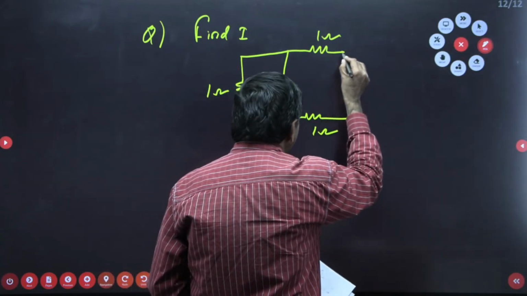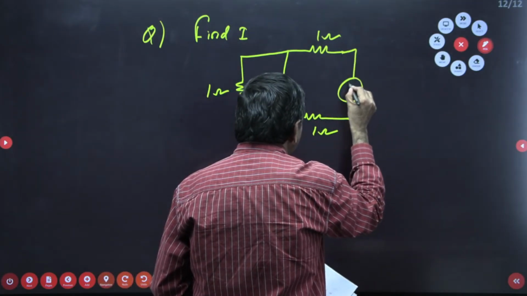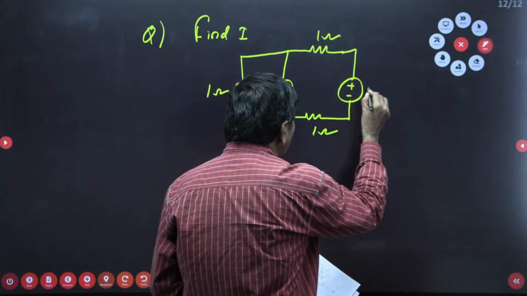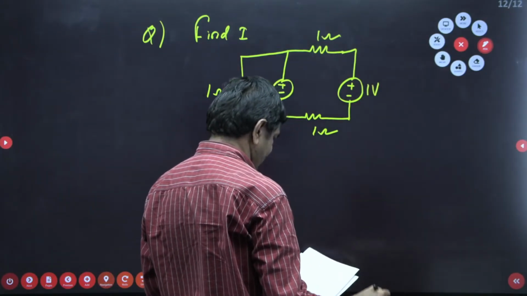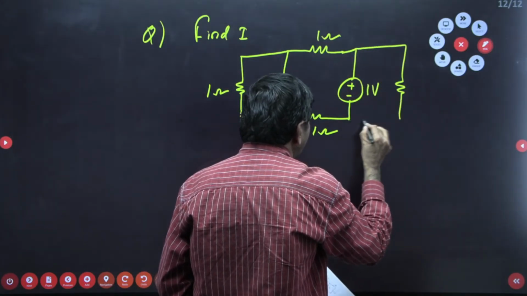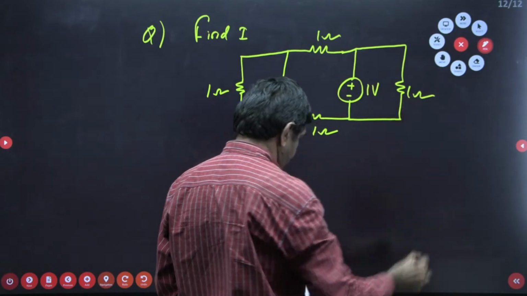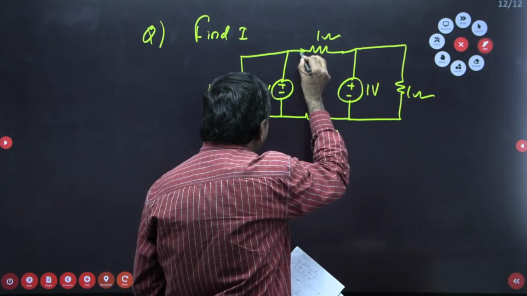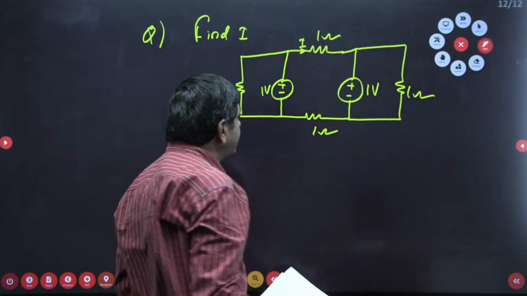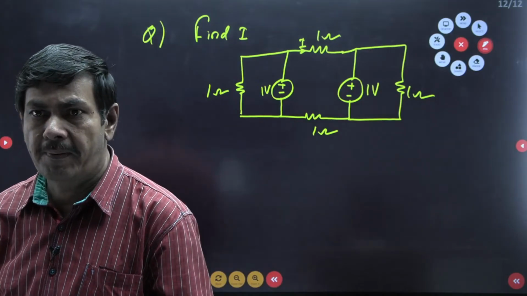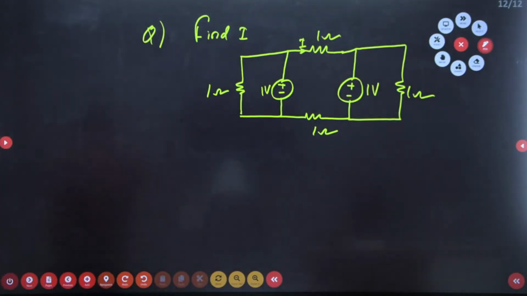Here connected with a voltage source, plus minus. That voltage is given as 1 volt. Here connected with 1 ohm. This is 1 ohm. The current I is this current, given as I. It is asking to measure I. Can you get the answer? Can anybody find the answer for this question?